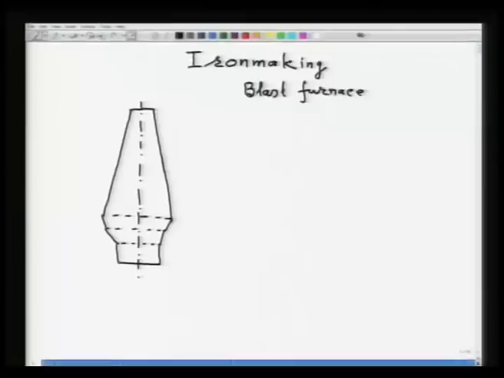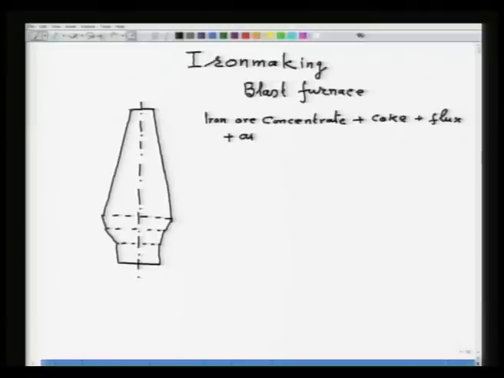So, in iron making, iron ore concentrate plus coke plus flux plus air results in hot metal plus slag and plus gases.